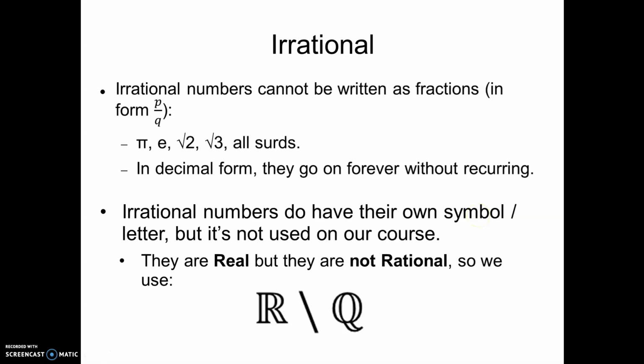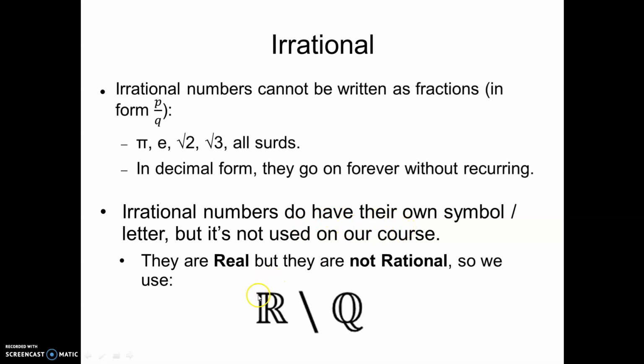Just to return to irrational numbers for a second, so they are like pi and square root of 2 and square root of 3 and square root of 5. They do have their own symbol, but it's not used on our course. We generally refer to them using symbols we already have. So irrational numbers, they are real numbers, but by definition, they are not rational numbers.